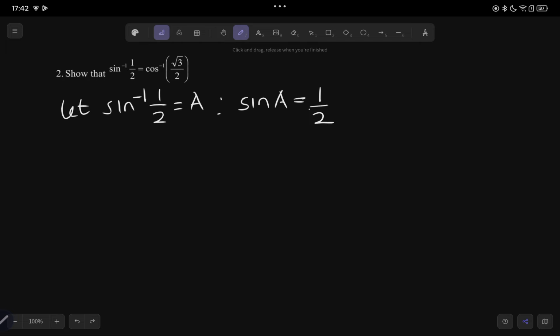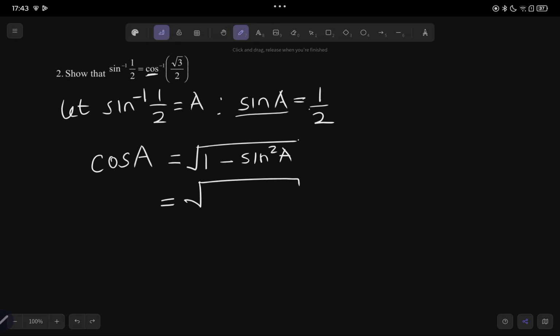Now remember, on the right we have cos inverse. So here we have sine inverse of a half, which we call A. Now since we have cos inverse on the right, we introduce cos. So cos of A, in terms of sine, will be the square root of 1 minus sine squared A.